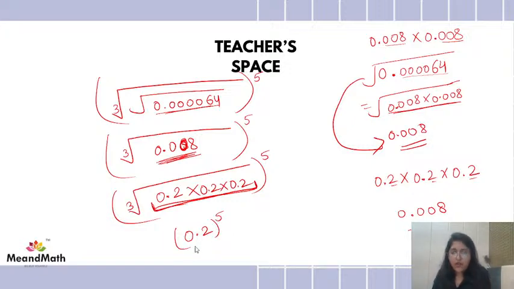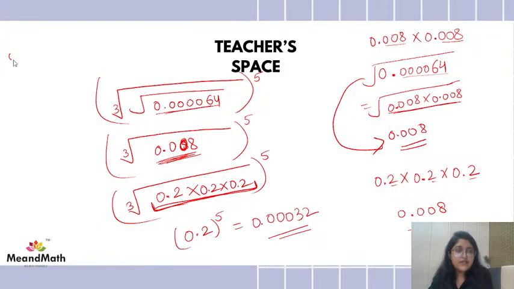Now, when we multiply 0.2 five times, it means we do repeated multiplication of 0.2. When 0.2 is multiplied 5 times, what will you get? 0.00032. What does this mean?